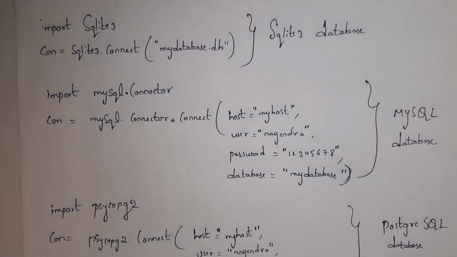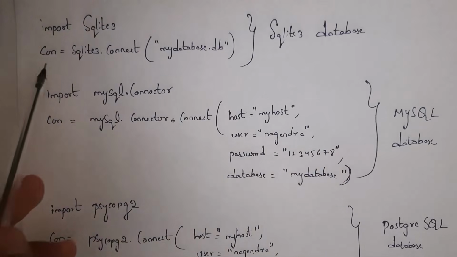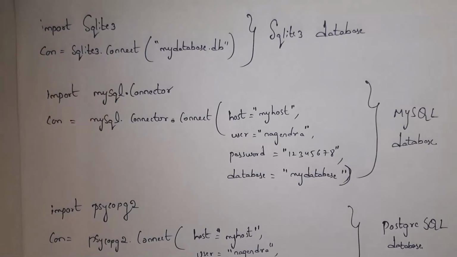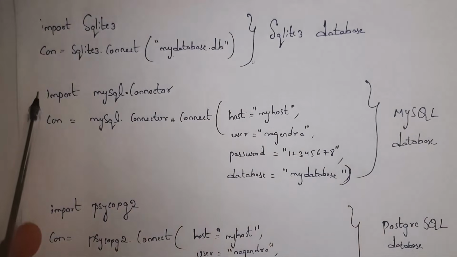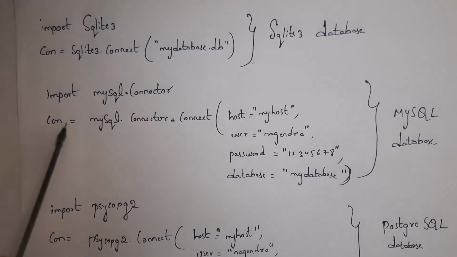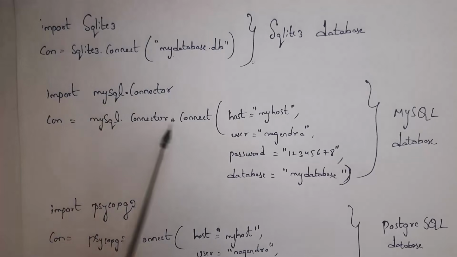Same programs which we wrote before. For sqlite3 we wrote import sqlite3 and next we wrote con equal to sqlite3.connect. Inside the connect method we wrote mydatabase.db. Just in place of writing these two lines, for a MySQL database you need to write import mysql.connector and next you need to write con equal to mysql.connector, which is the module name, dot connect.